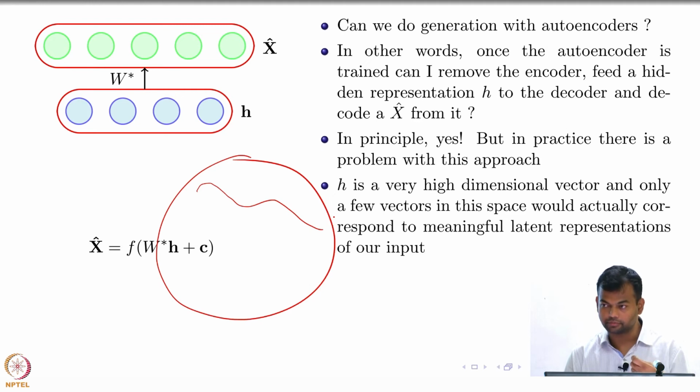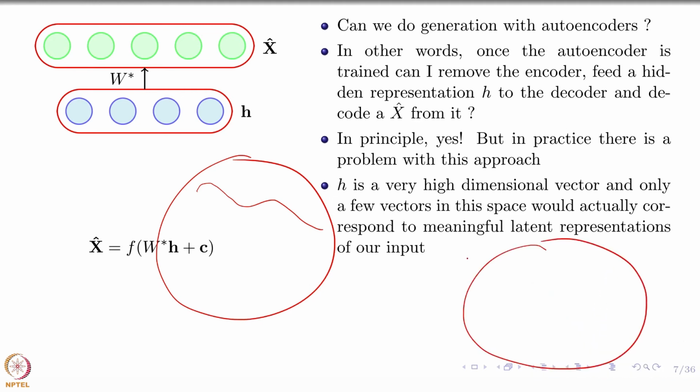Where did the H's come from? X's. So X itself lies in a very high dimensional space. Of this high dimensional space, the actual images lie on a very small subspace, right? So it's quite natural that when you're trying to map them to hidden representations, they will also belong to a very small subspace in this large space, right?